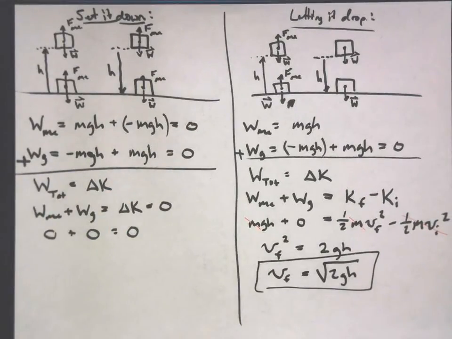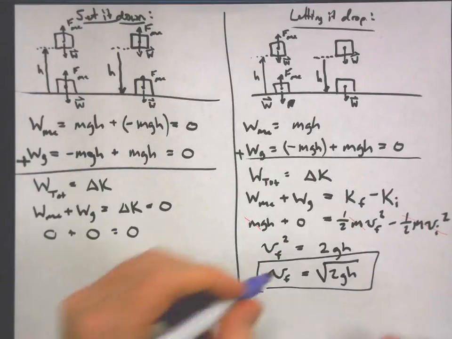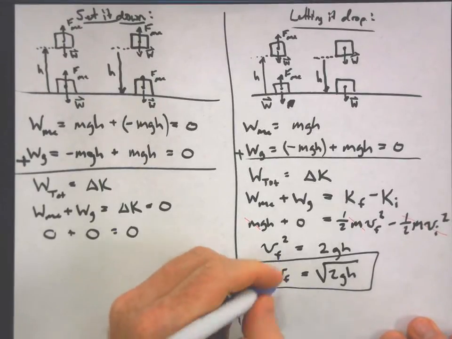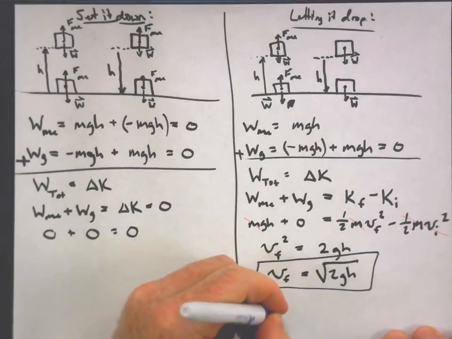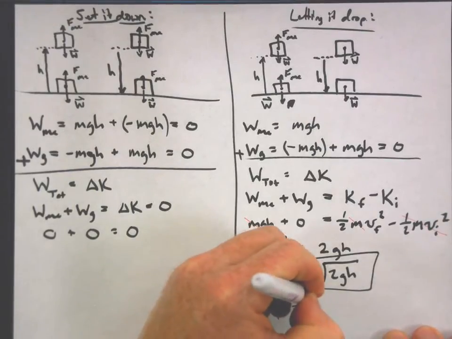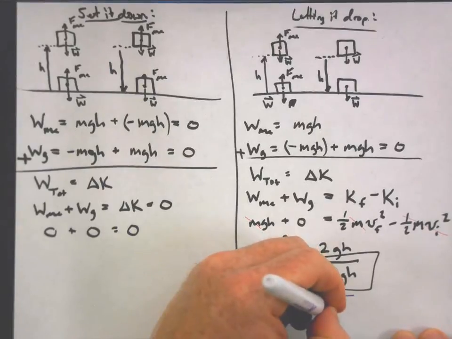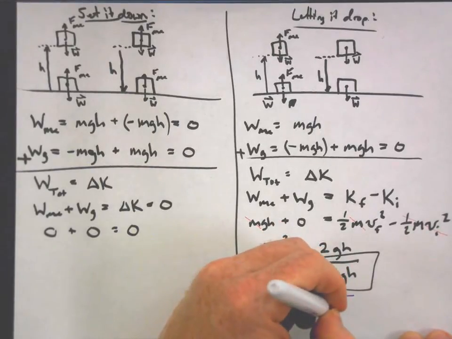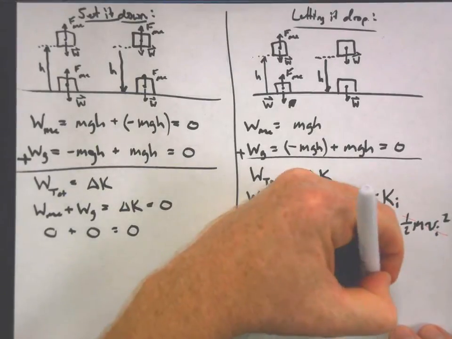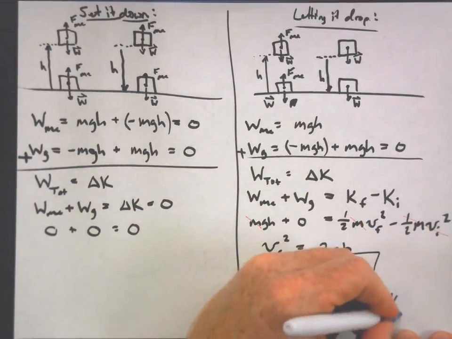Now, this might look a little familiar to you. It's not an equation you really need to memorize. It's an easy equation to get now if you ever need it. It looks a little like 2 times acceleration times change in position, and we get that from kinematics.